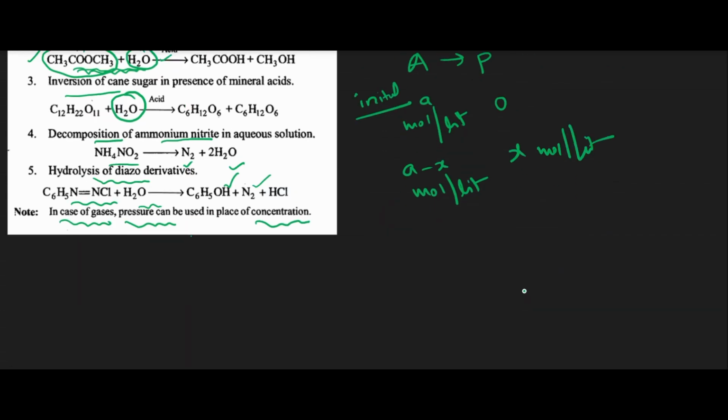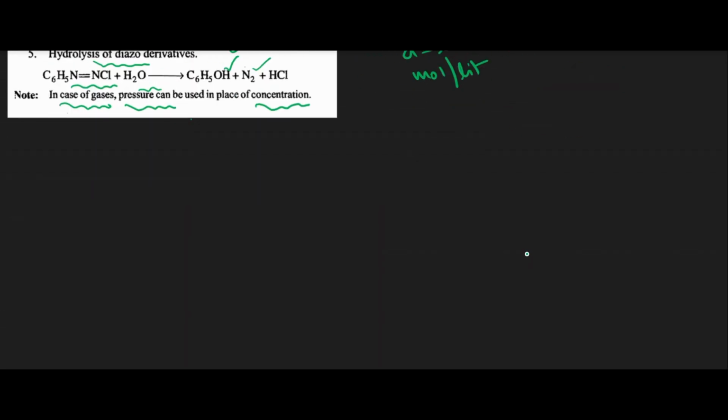Now let's see the rate of the first order reaction. The rate is R equal to k into A to the power of 1, where R is the rate of reaction, the change in concentration by change in time. As I told you, for the integrated form the rate is calculated over a small interval of time.